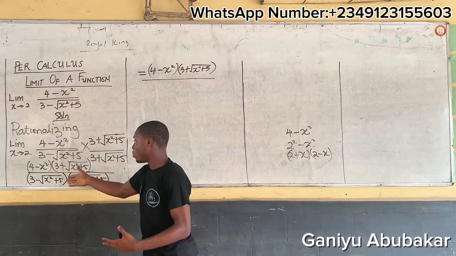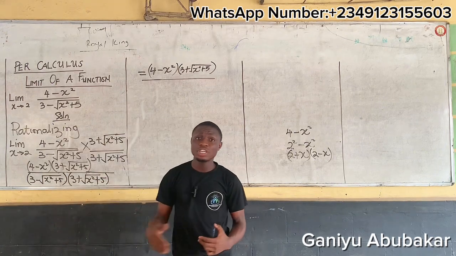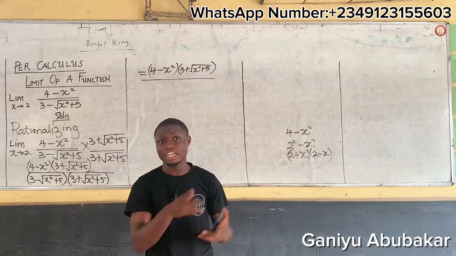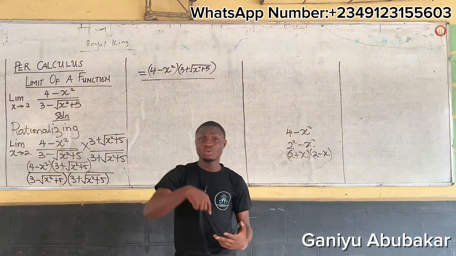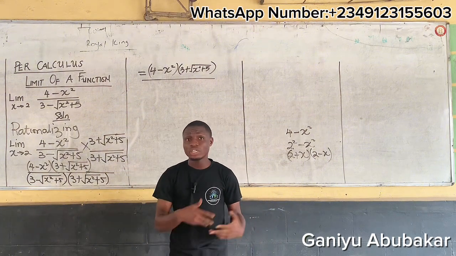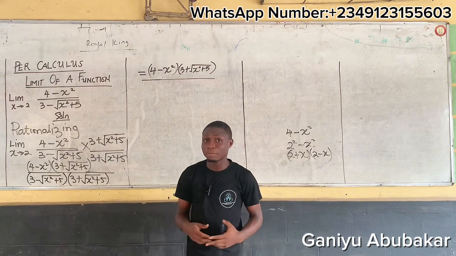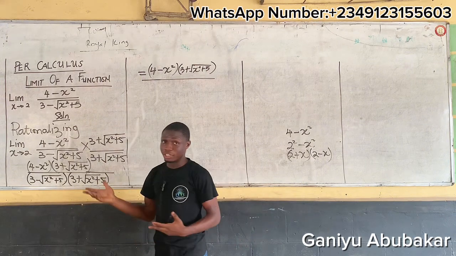So I will expand this using the binomial theorem. If you don't know how to solve problems using Pascal's triangle or the binomial theorem, I'll drop the link in the description of this video. Check the link, and I'll drop a video that will explain the concept of how to expand terms in this function.